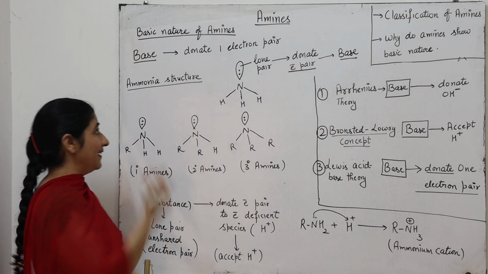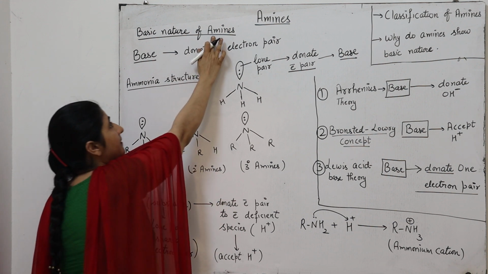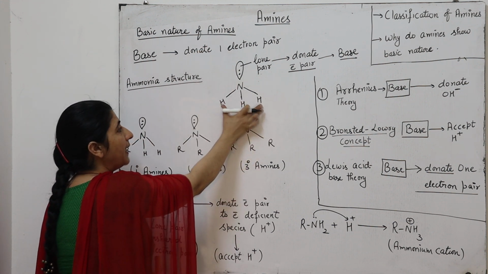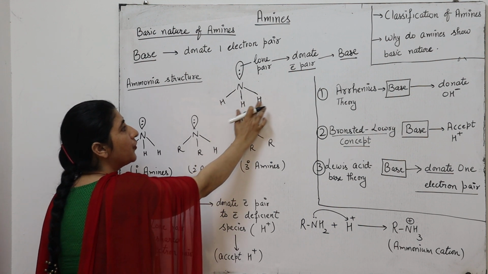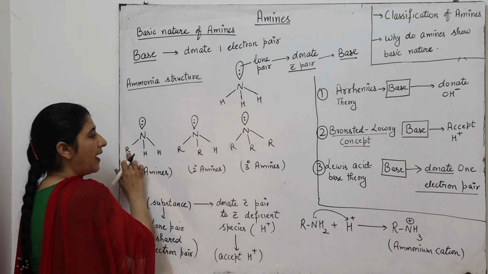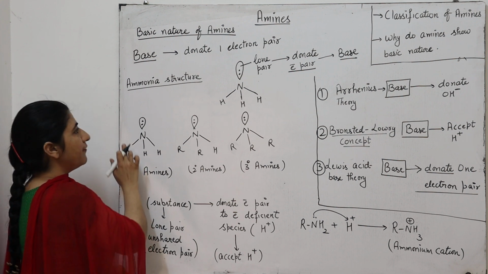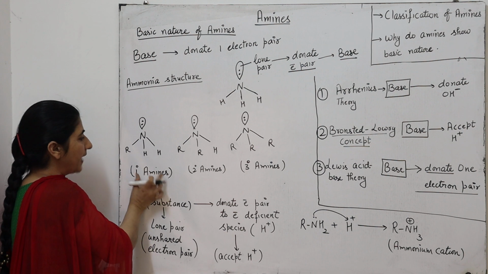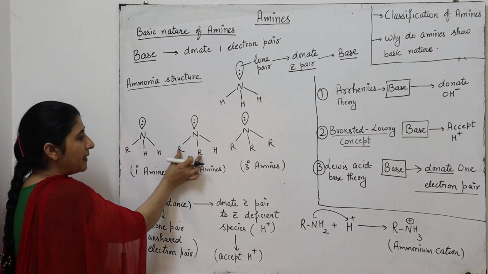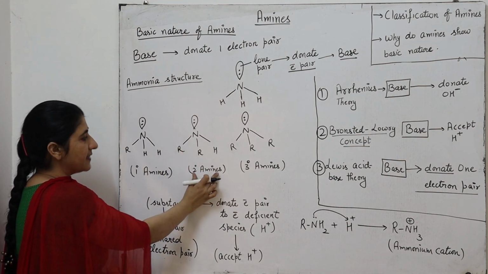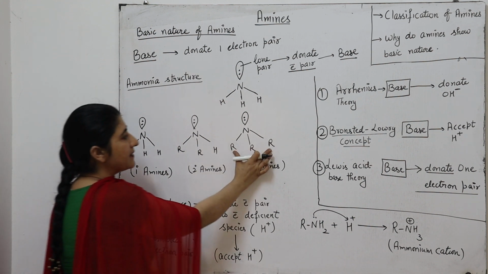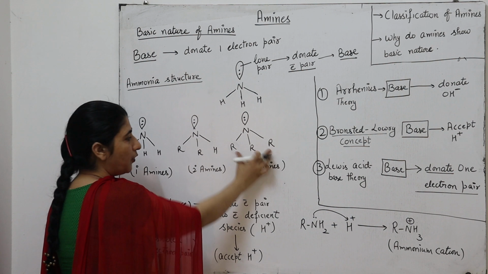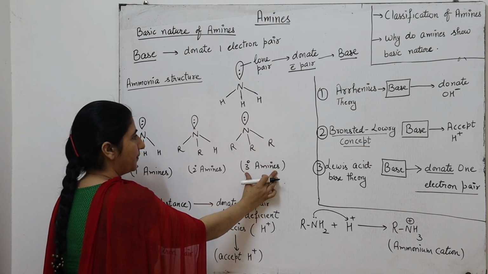As we discussed earlier, the structure of amines is similar to the structure of ammonia, with 1, 2 or 3 hydrogens replaced with alkyl groups. If we replace 1 hydrogen atom with an R group, we get primary amines. On replacing 2 hydrogen atoms, we get secondary amines. After replacing all 3 hydrogen atoms of ammonia with 3 R groups, we get tertiary amines.